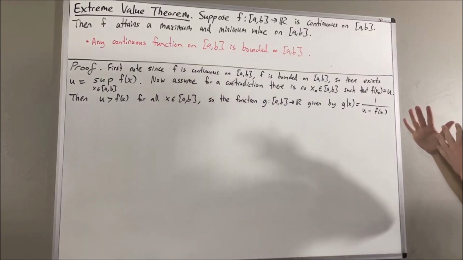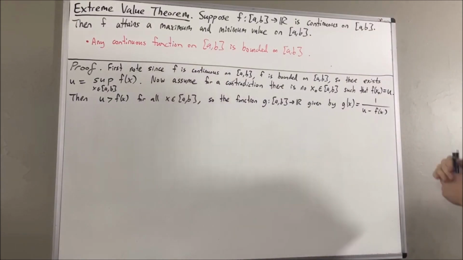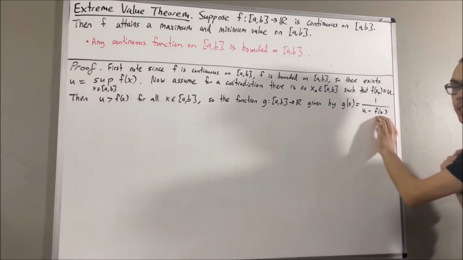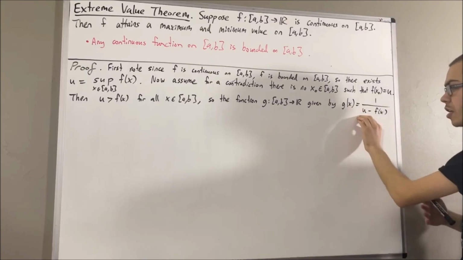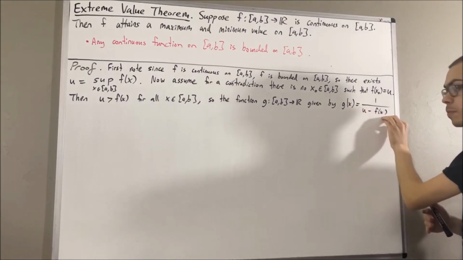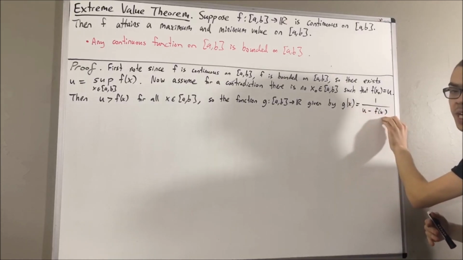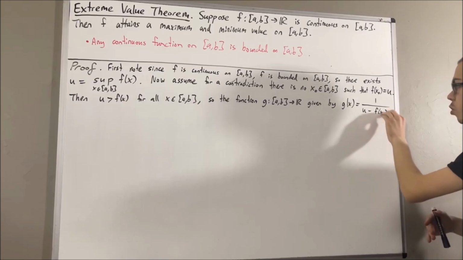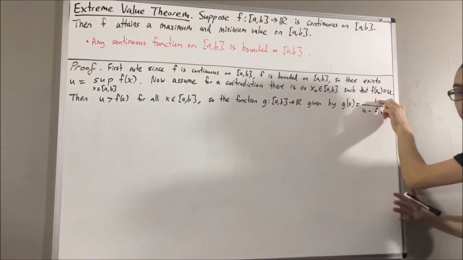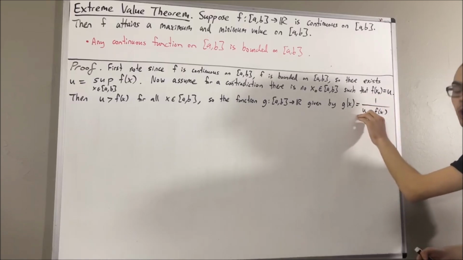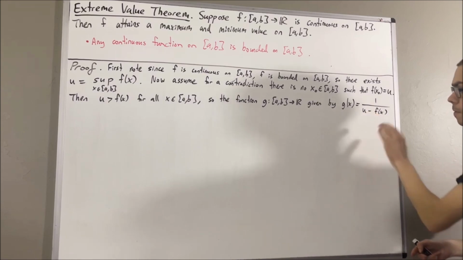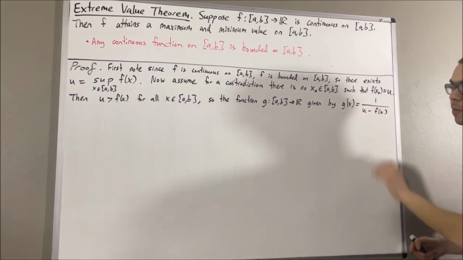The reason why just comes from properties of continuity. Since f is continuous on [a, b], and a constant function of u's is continuous on [a, b], the difference of those functions is also continuous on [a, b]. But also, we know that a constant function of 1's is continuous on [a, b], so the ratio of these two functions will also be continuous on [a, b]. So, g is continuous on [a, b].